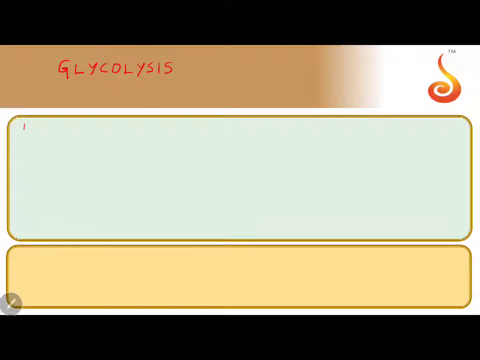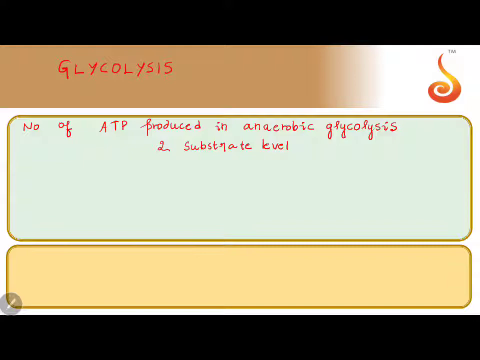In glycolysis, the number of ATP produced in anaerobic glycolysis. So we have two substrate level phosphorylation producing two substrate level, look for my concept video, substrate level ATP synthesis.